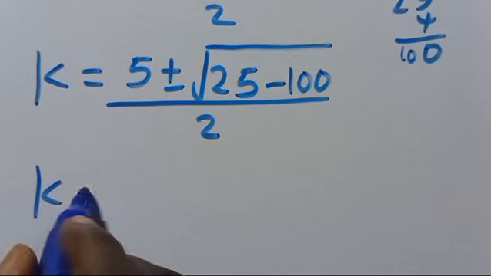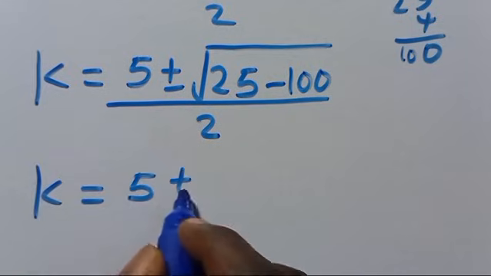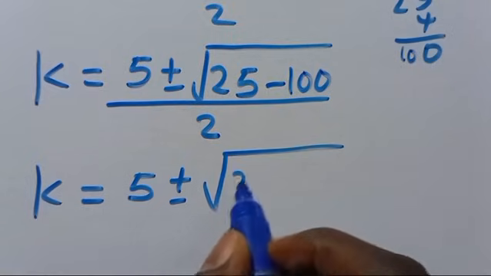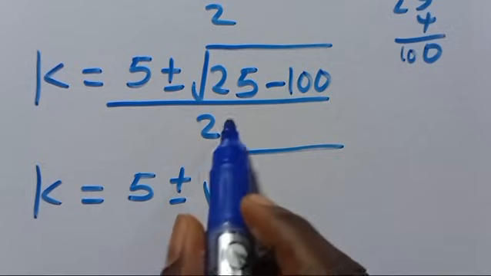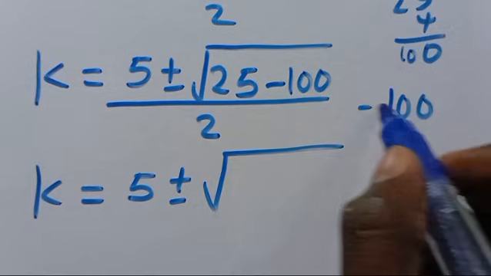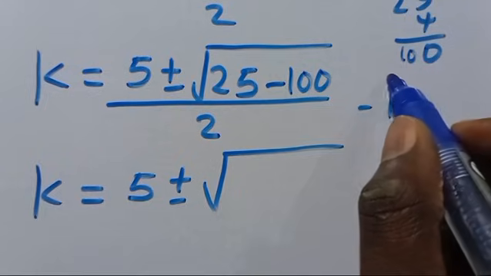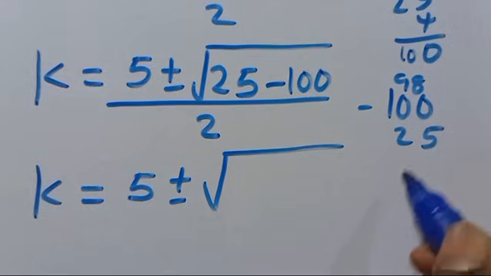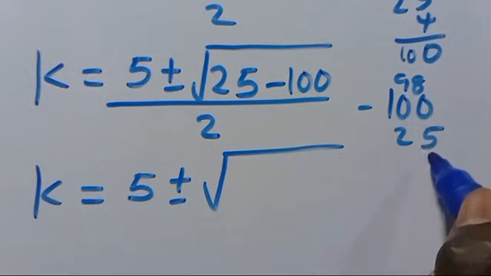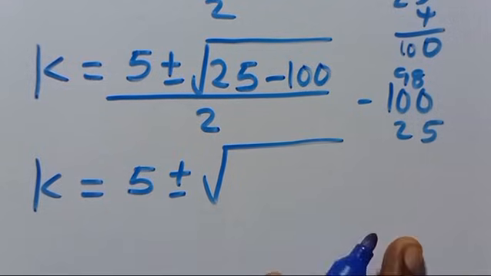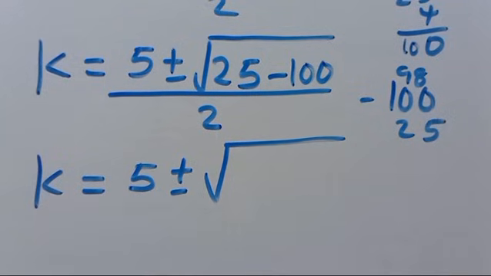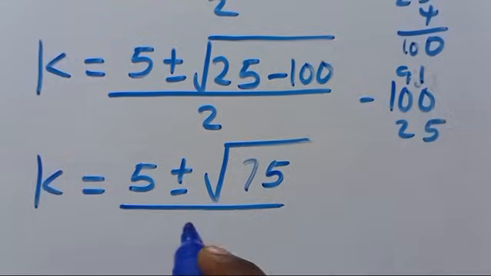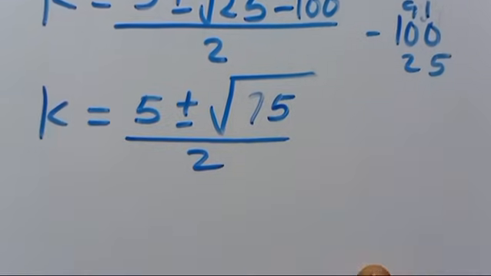So we have k equals 5 positive or negative root of this, which will give us 25 minus 100, so that will be minus 75, then divided by 2.